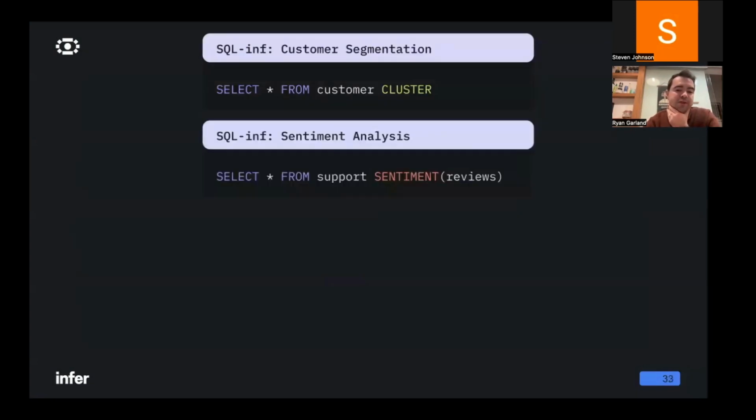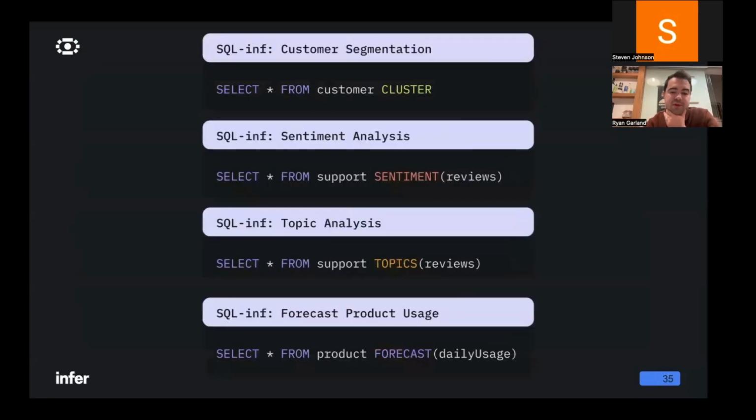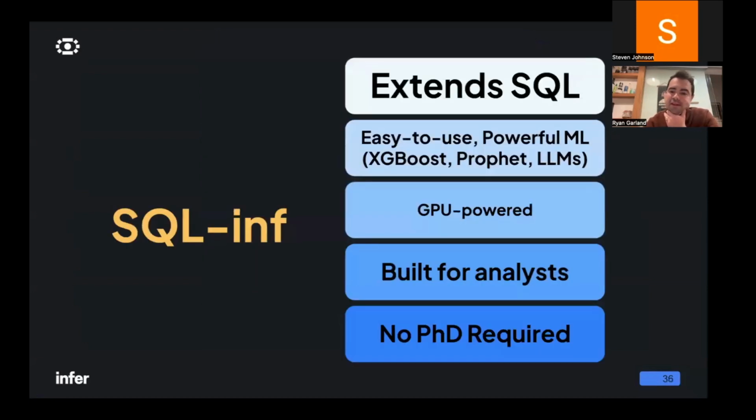With lots of commands, you can do clustering, sentiment analysis, topic analysis, forecasting, and this is a summary of the language. So it's all built for analysts. It's all on GPUs. We're using very powerful machine learning models like XGBoost and Prophet and large language models, and we're extending any variety of SQL.